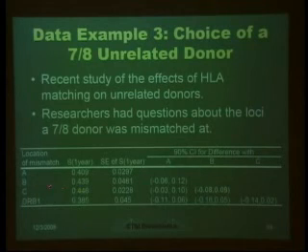So I constructed confidence intervals for the difference of the proportions. Here it's the difference of proportions of alive patients mismatched at locus A and B. Here I am comparing A and C, here A and DRB1, and so on.